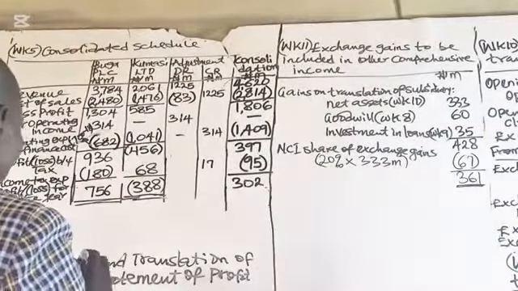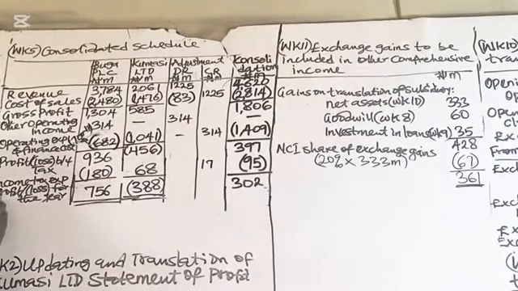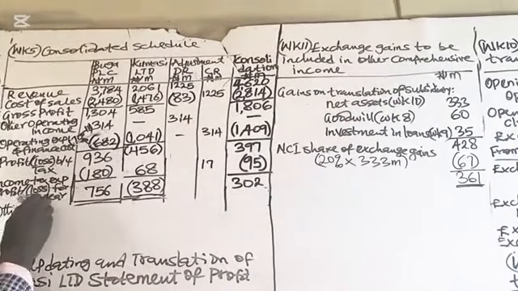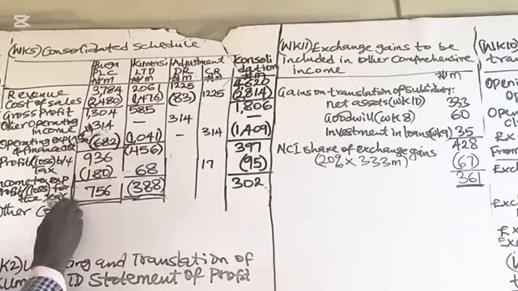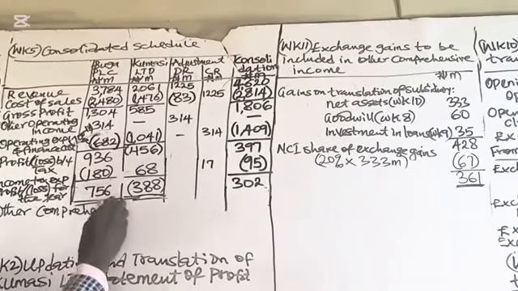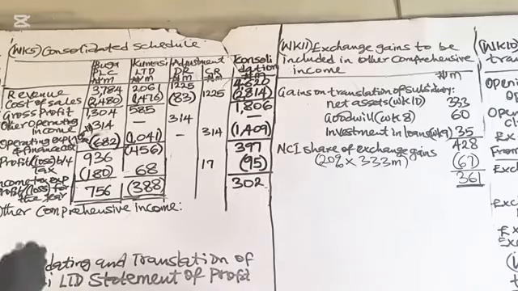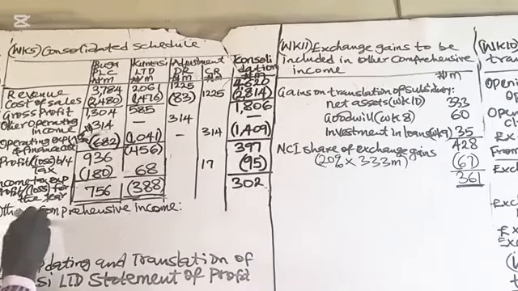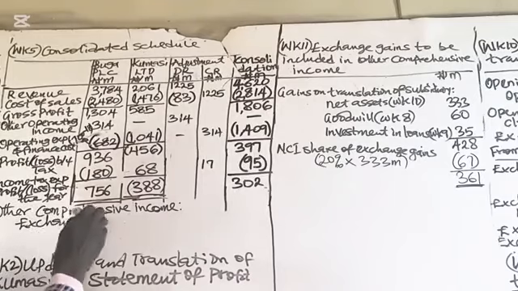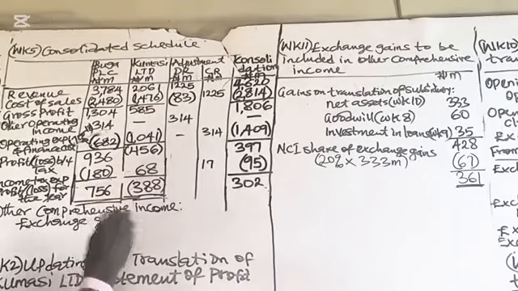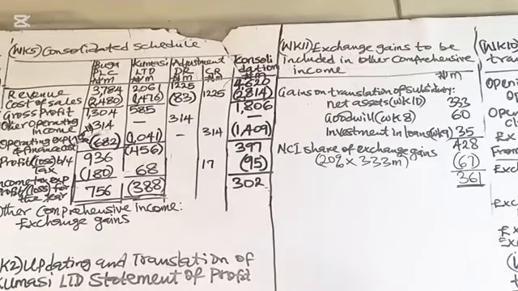So, other comprehensive income. We have exchange gains on translation.